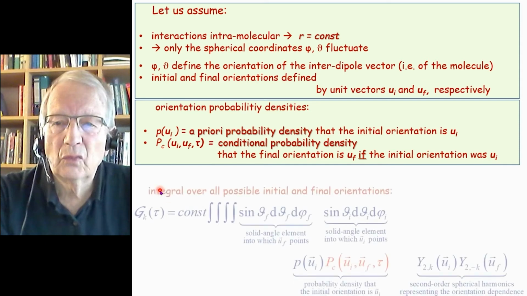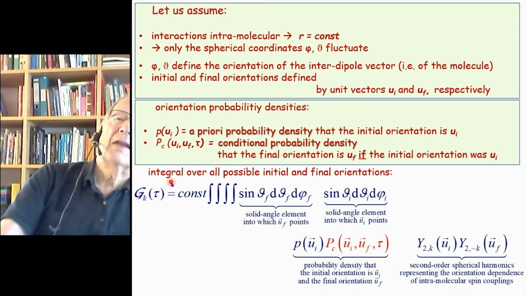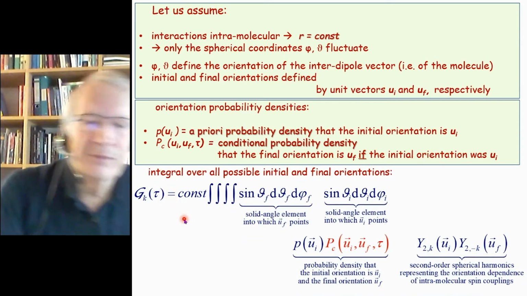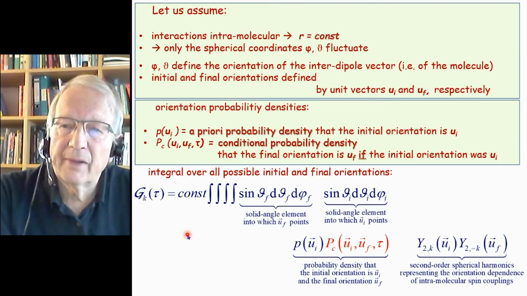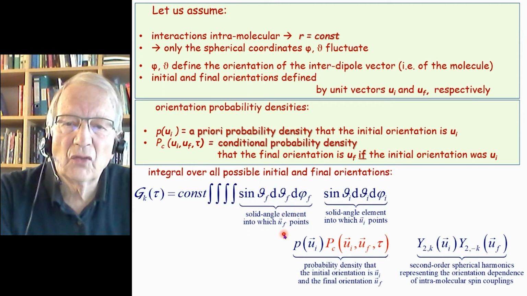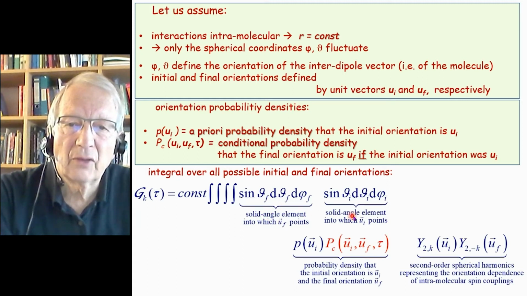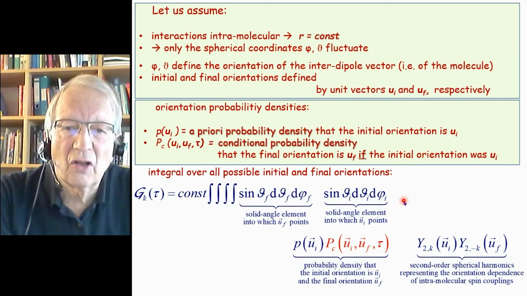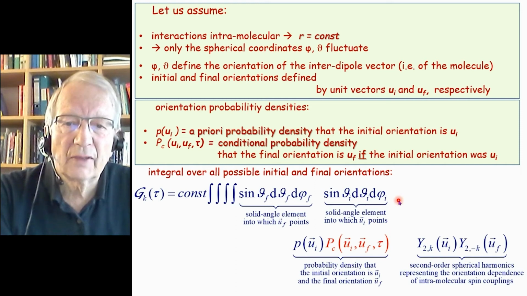So with these two probability densities, we can set up an expression for the correlation function. Here we have the solid angle element into which u sub f points, a final orientation vector. And this is the solid angle element into which the initial orientation vector points.